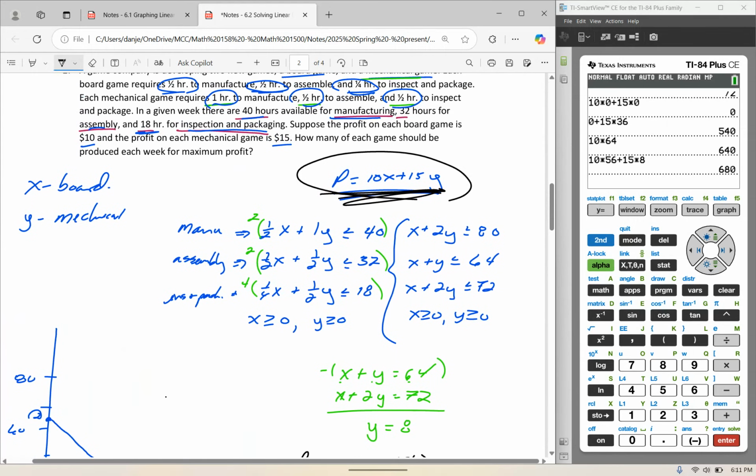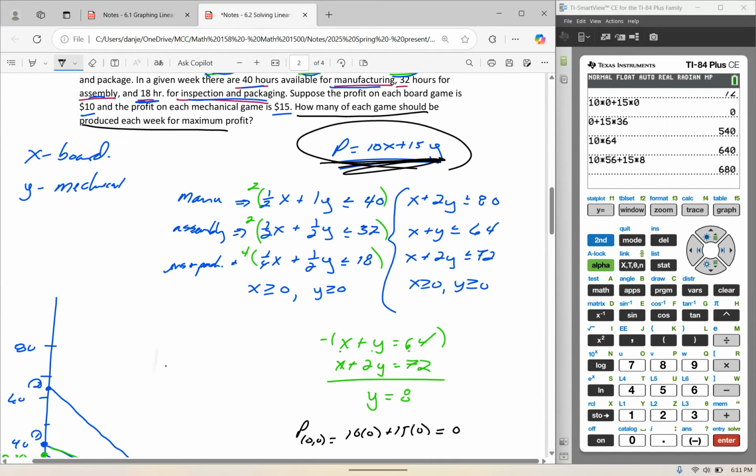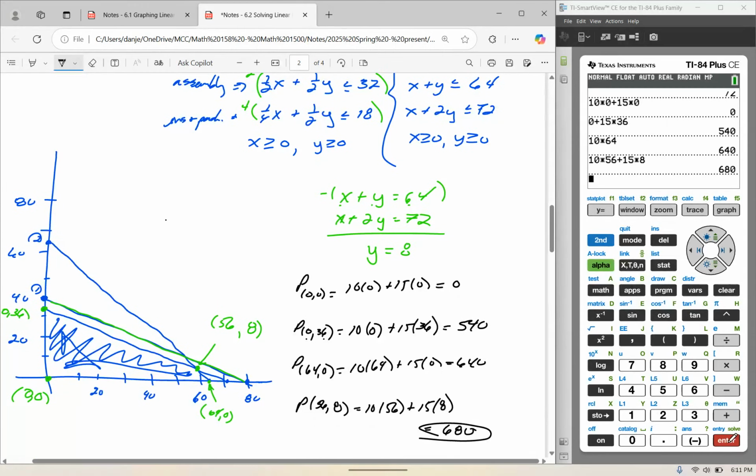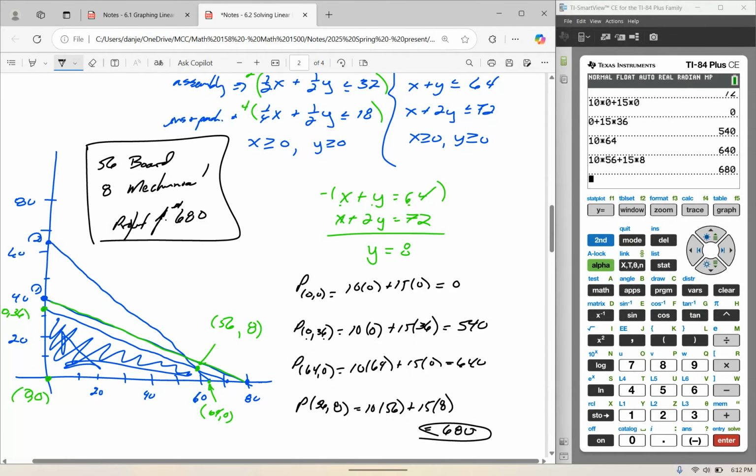What was the question? How many of each board game should be produced each week for maximum profit? So each week, for maximum profit, I should make 56 board games and 8 mechanical games for a profit of $680. And there's my maximum.